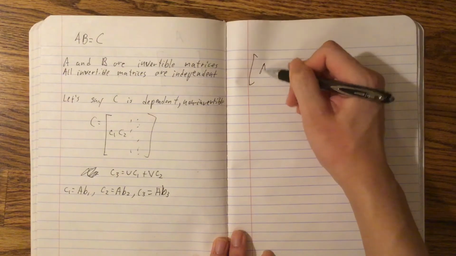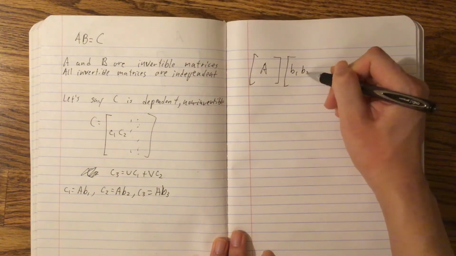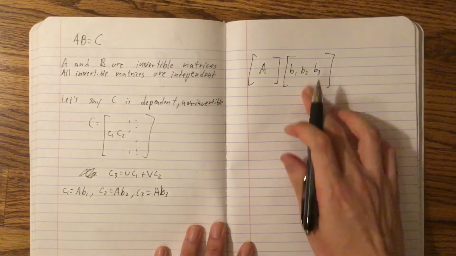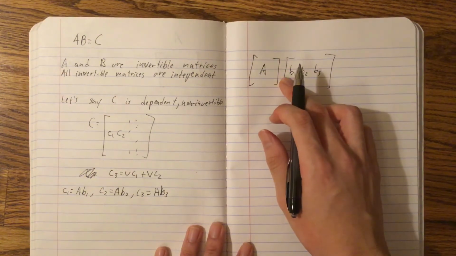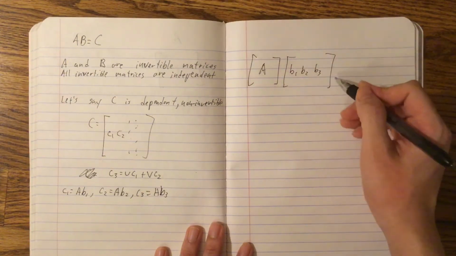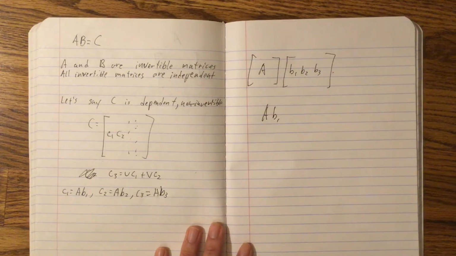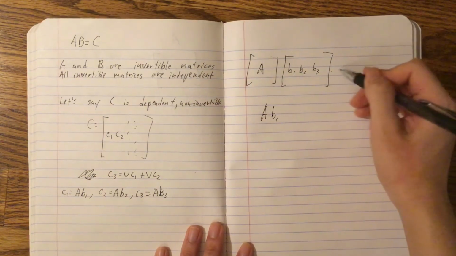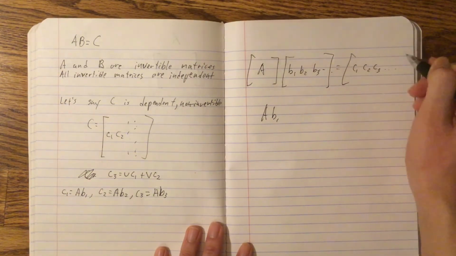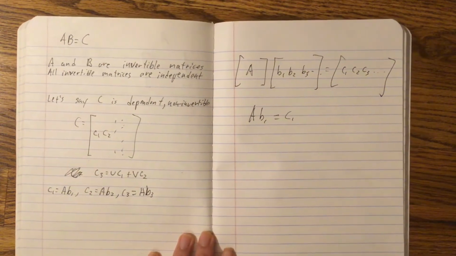Let's say we have matrix A, and we multiply it by multiple columns B1, B2, B3, etc. When we multiply the B1 column by A, let's just consider AB1. This would simply be C1, if you just think about it.